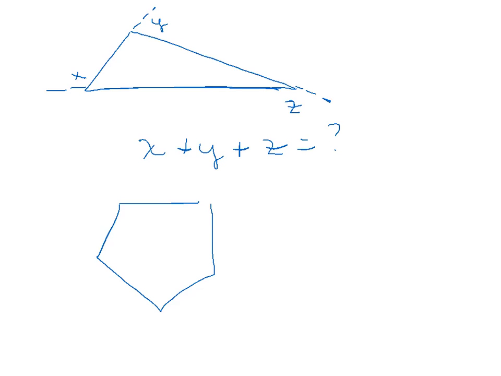And if you added each of these, the question is, what would that equal? And similarly, if you had a pentagon and you had an exterior angle, one at each vertex, what would that be? x plus y plus z plus w plus v.